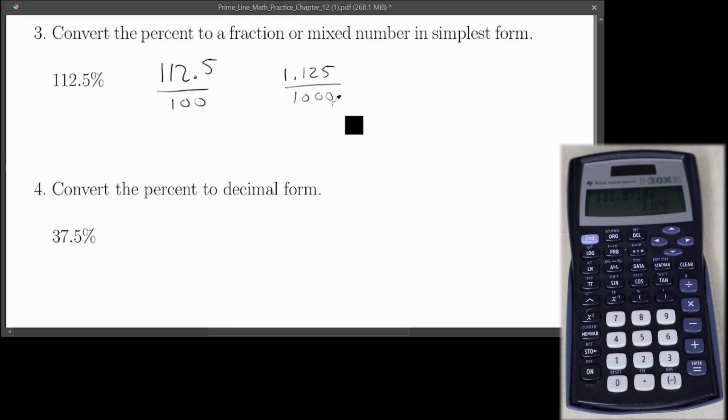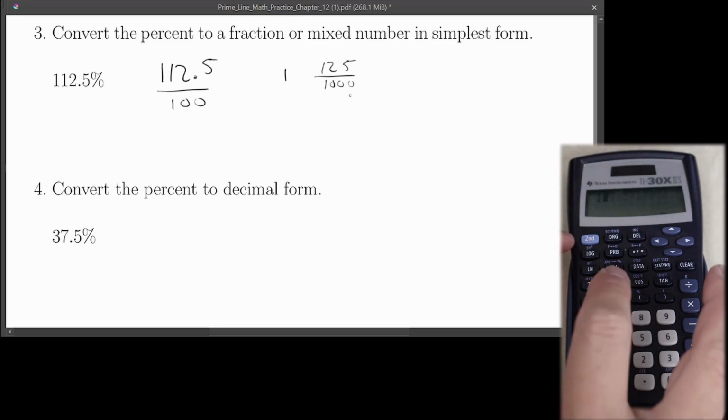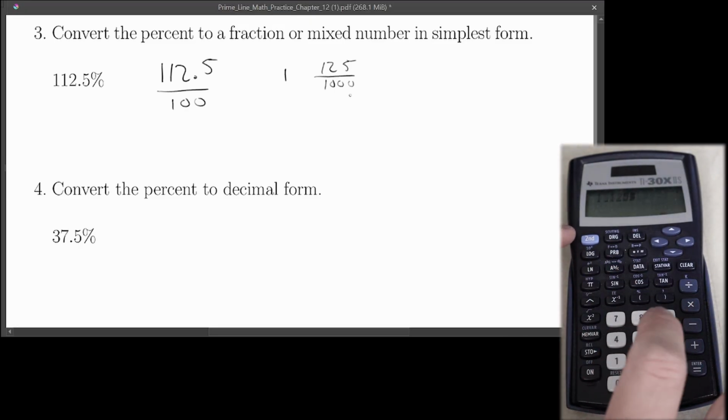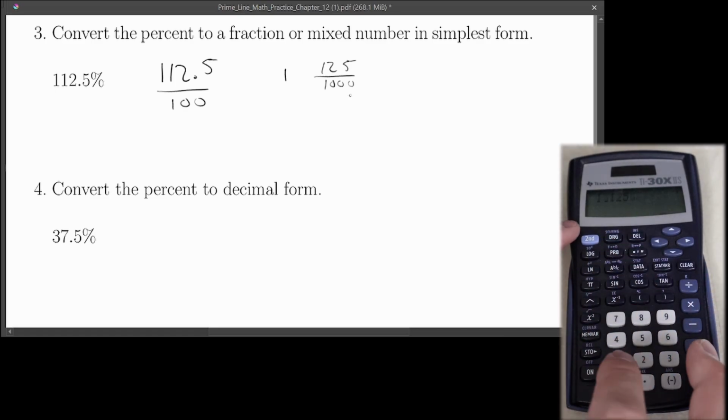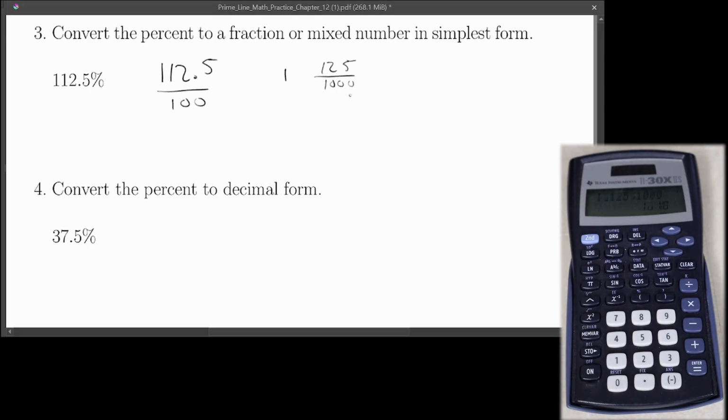Let's undo that for a second. We can write it as 1, and then 125 over 1,000, and we can reduce that fractional number. So if we do 1 and 125 over 1,000, we'll get 1 and 1/8.